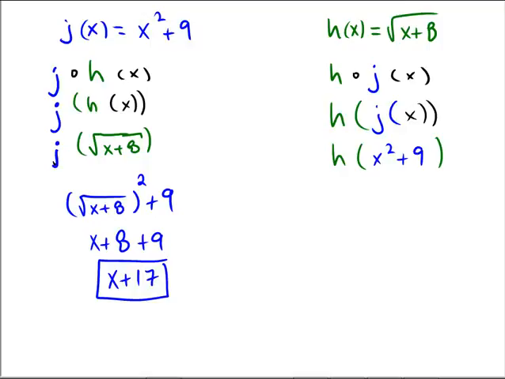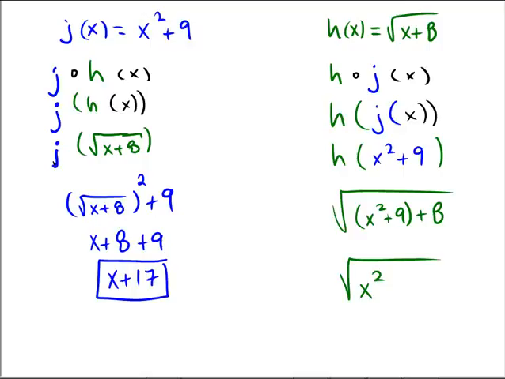Now h of that would be the square root of the object you were given, x squared plus 9, plus 8. And so the little bit of simplification that we can do is to get x squared plus 17 inside of a radical and put a box around that, because that's as far as we can go in that case.